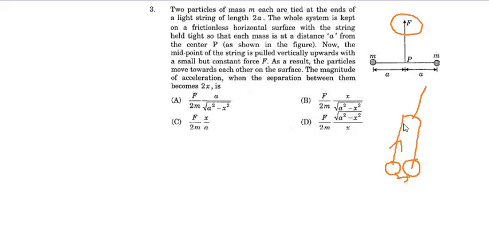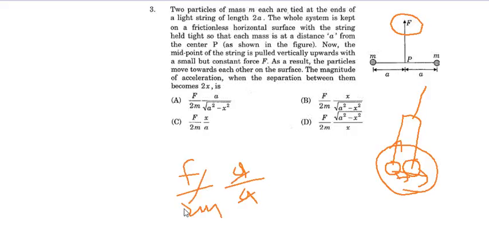All the forces in the vertical direction, sorry, and the horizontal component of every force is 0, so the acceleration must be 0. Which term is 0 after putting x equals 0? Let's find out. If we put x equals 0 here, this becomes a by root of a square, which is a, so 1. So the answer will be F by 2m. It is not 0, so this is not our answer.